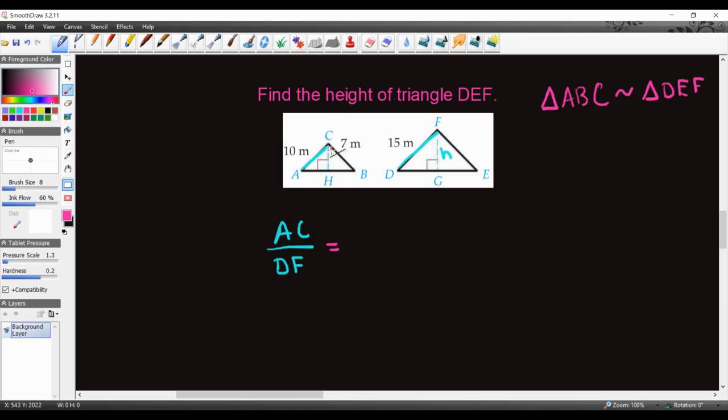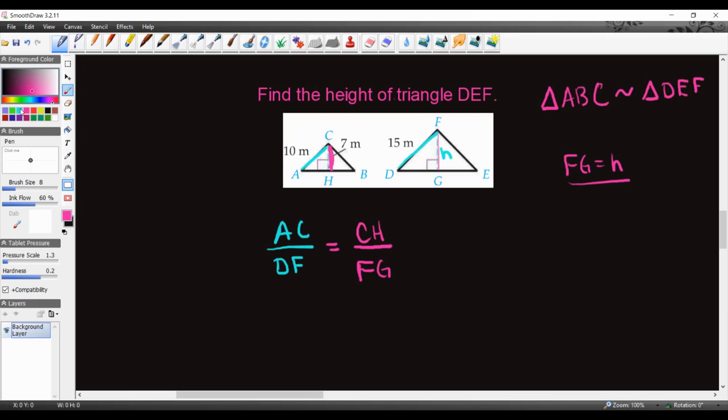Since I started with the smaller triangle first, I have to keep the smaller one on the top. So this would be CH over FG. And FG is what I want. FG is equal to the height, which is what I want.